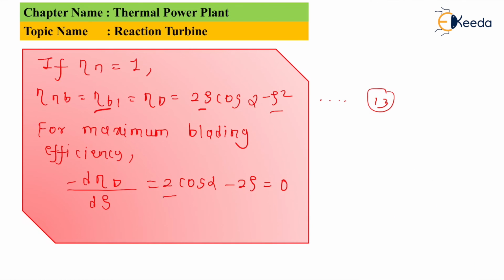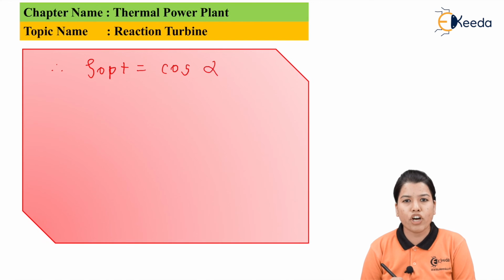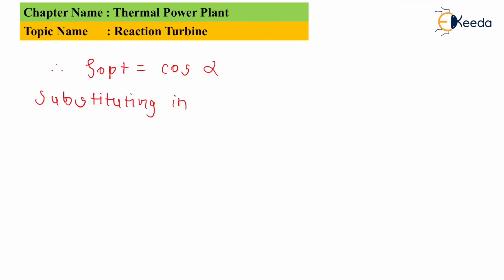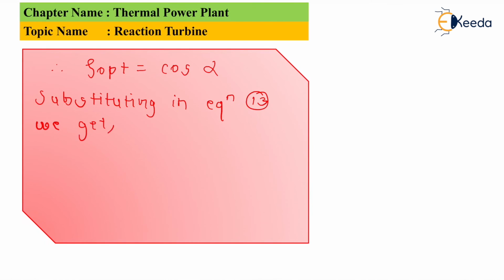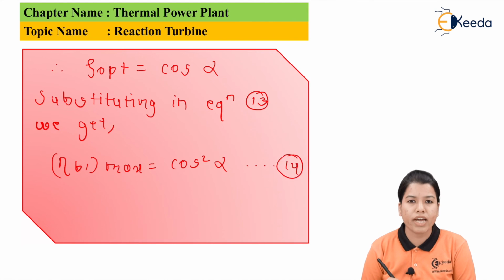Hence we can write the optimum value of rho is equal to cos of alpha. Now substituting this value in the above equation, we get efficiency B1 max is equal to cos square alpha. Let it be equation number 14.